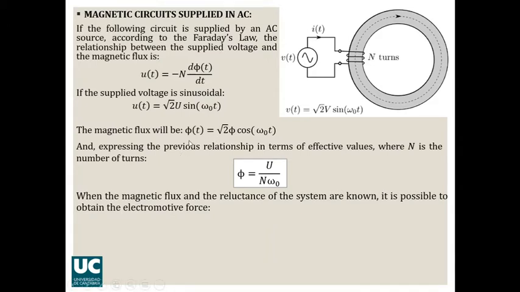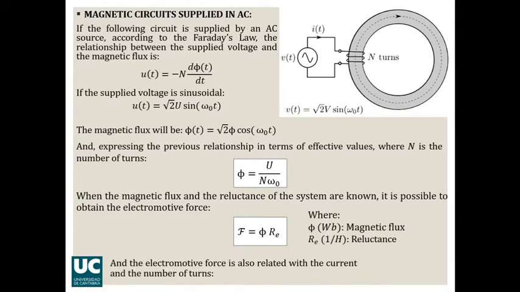And if we know the magnetic flux, and we also know the reluctance, then by multiplying the magnetic flux by the reluctance, we can have the electromotive force. The electromotive force is related with the current and the number of turns. So the current is going to be the electromotive force divided by the number of turns.